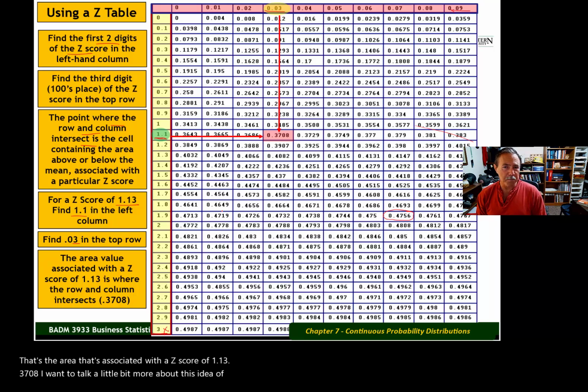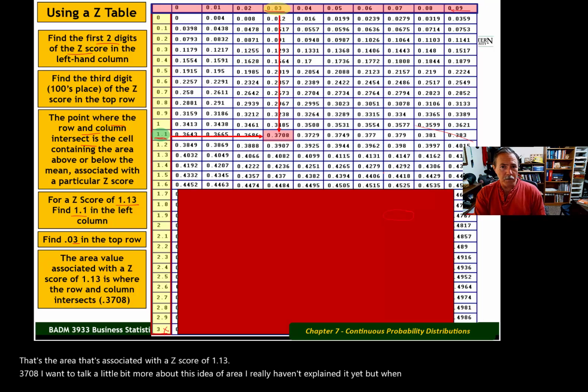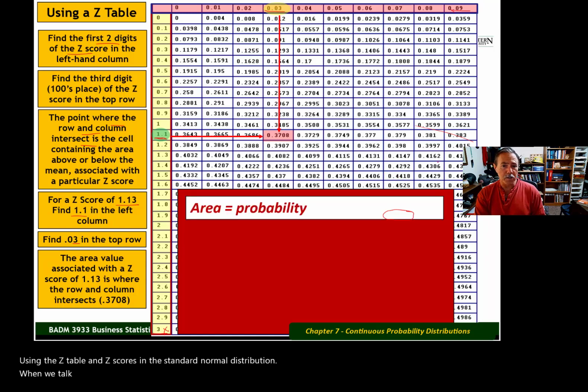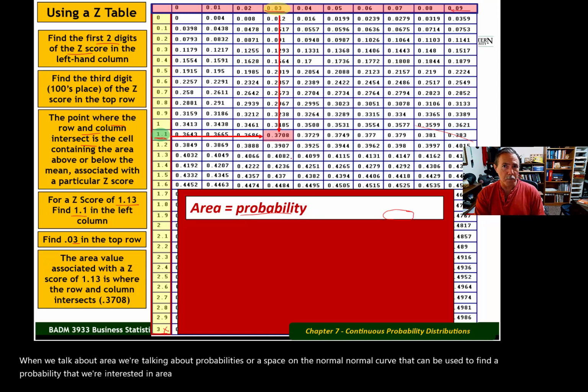I really haven't explained it yet, but when we're using the z-table and z-scores in the standard normal distribution, when we talk about area, we're talking about probabilities, or a space on the normal curve that can be used to find a probability that we're interested in. Area is equal to probability for our purposes.